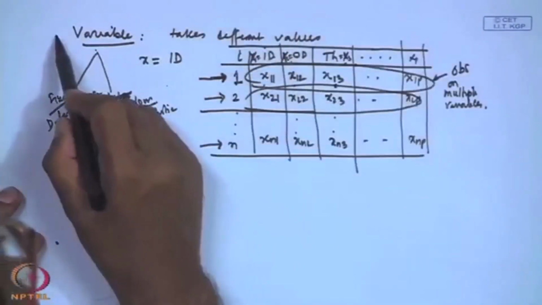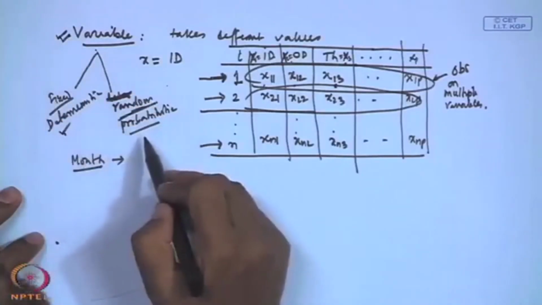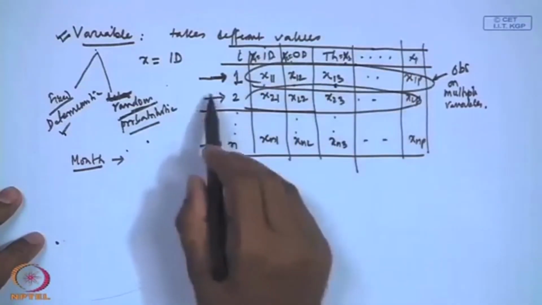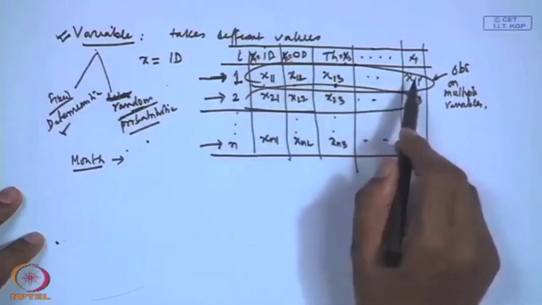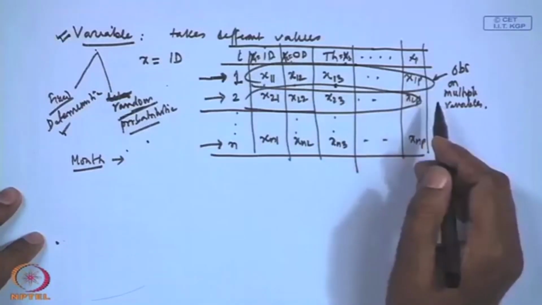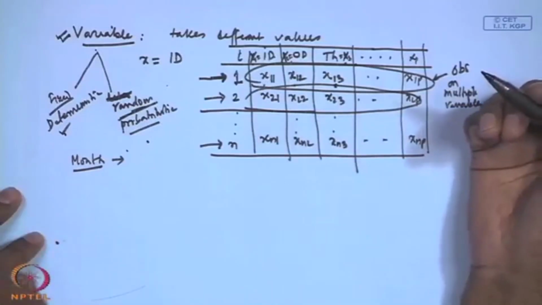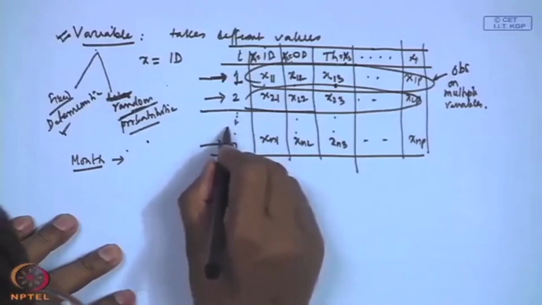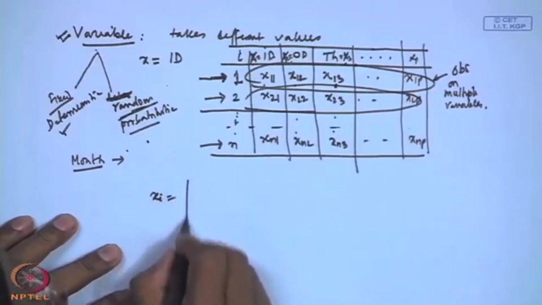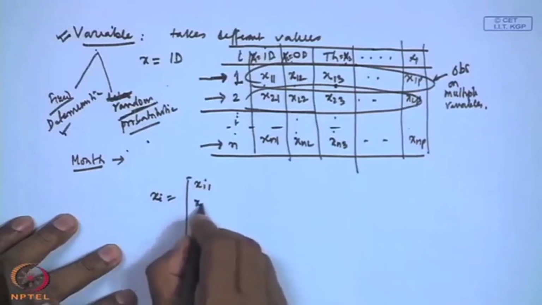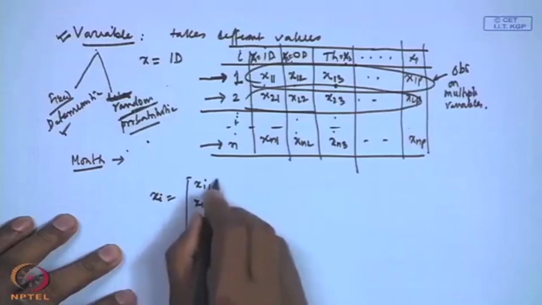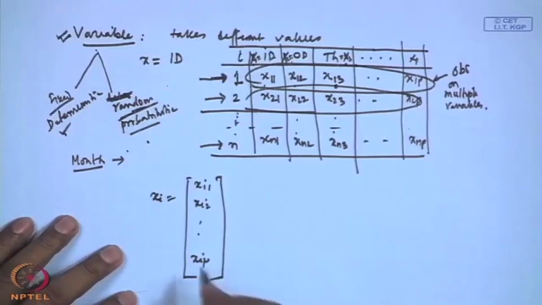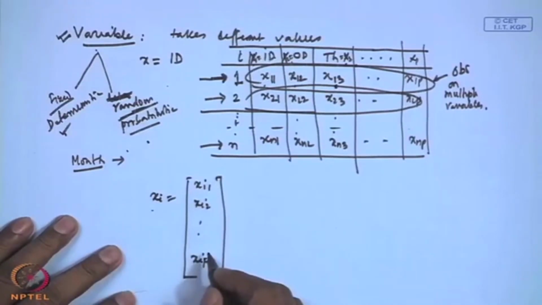In order to do so, we know variable, deterministic variable, probabilistic, that is random variable, and this is one example where every observation is measured on several variables. When multiple variables come into the picture, each observation is a variable vector. For example, if I take the ith observation here, then xi will be xi1, xi2, like this xip. So it is a variable vector, that is the ith observation on p variables.